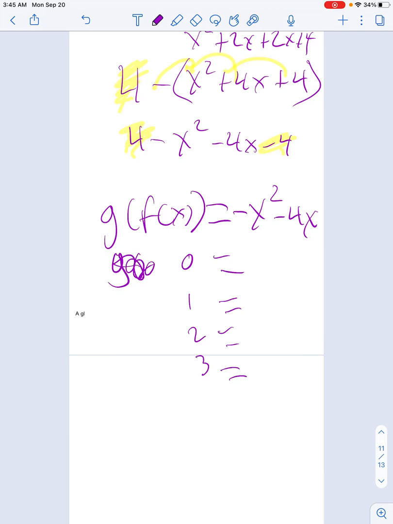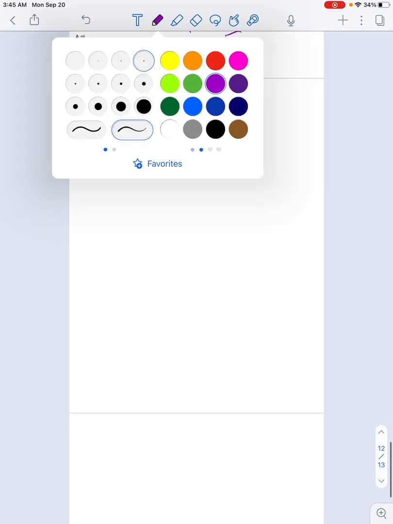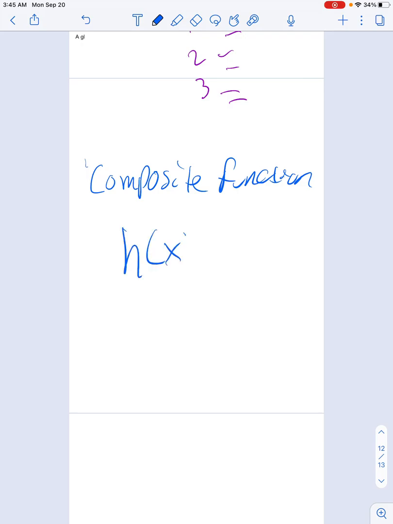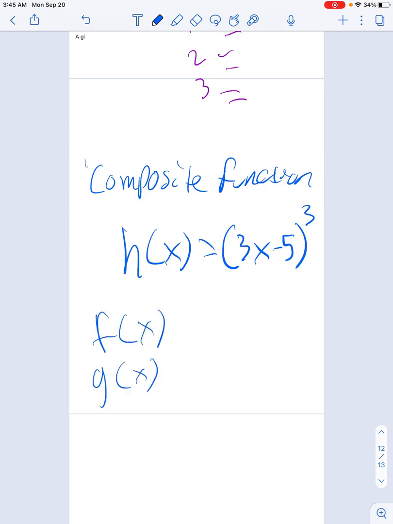I'm trying to see here. I think we should do these ones. Okay, identifying a composite function. So you might have to go in reverse order as well. So again, let's say that the composite function h of x equals 3x minus 5 to the third. I want you to come up with an f of x and a g of x so that we could find f of g of x.